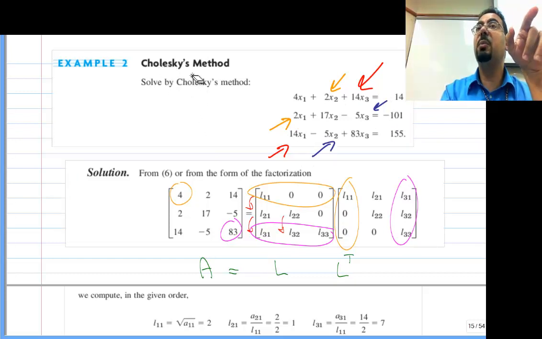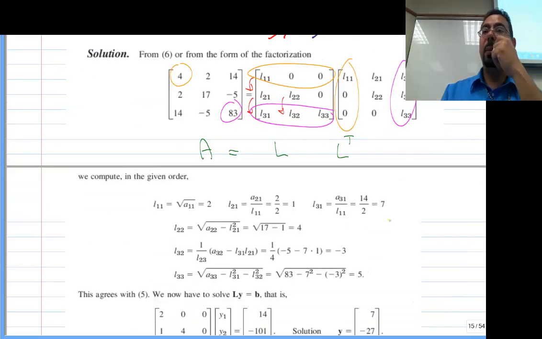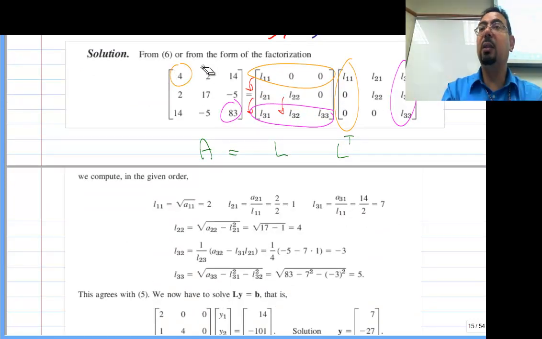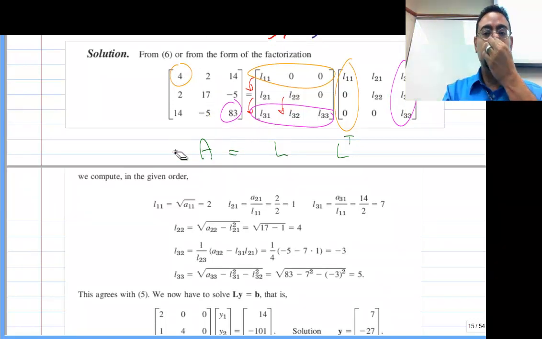This is called the Cholesky method. And what we do is put L11, L22, L33, L21, L31, L32. But over here, I'm also going to turn the columns into rows, so you see the same variables again: L11, L11, L21, L21, L31, L31. Right? And you do it again line by line, except you go faster now because you have only 6 unknowns.